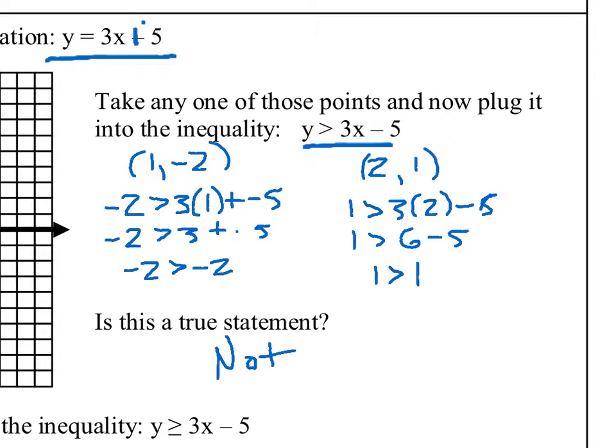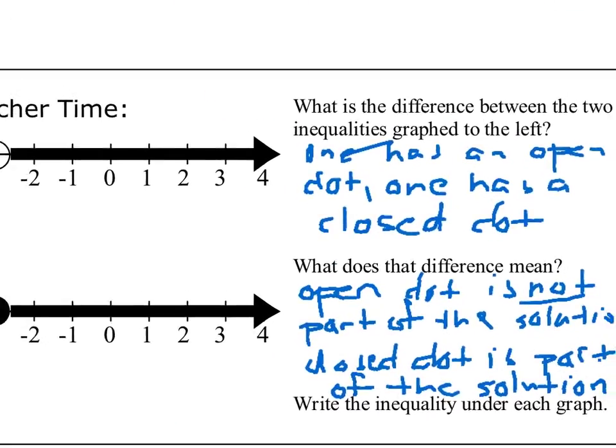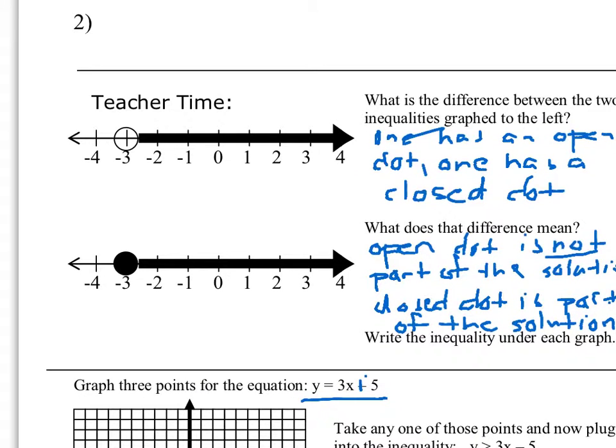So if I was to graph this inequality, y is greater than 3x minus 5, would I want to include these points as part of the solution? Kip yes or Kip no. Would I want to include these points that are on this line that we graphed as part of the solution? No. So that's very similar to when we run into this problem up here, where we have -3, like Kendrick pointed out. -3 is so very, very close to part of our solution.